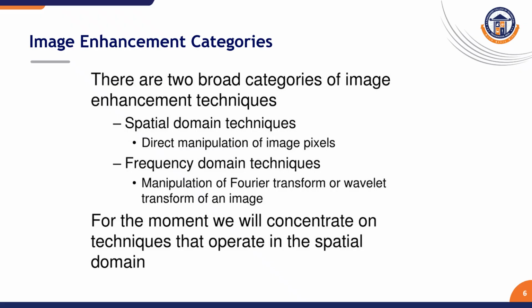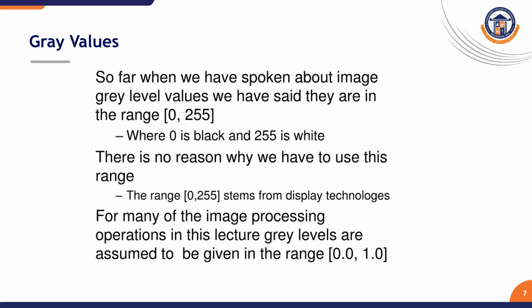By means of the transform, we first do the forward transform, and then we compute the different operations. Then we have an inverse transform in the frequency domain. By comparing the spatial domain and frequency domain, we have fewer computations in the frequency domain. Here we will concentrate on the spatial domain.